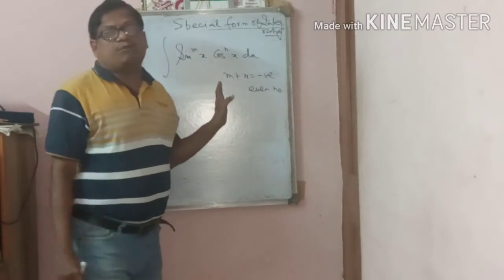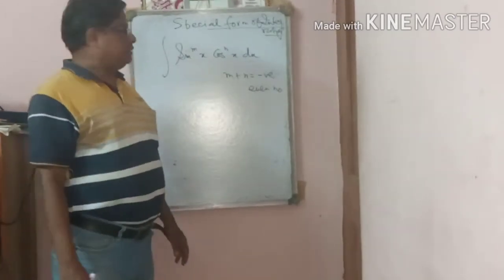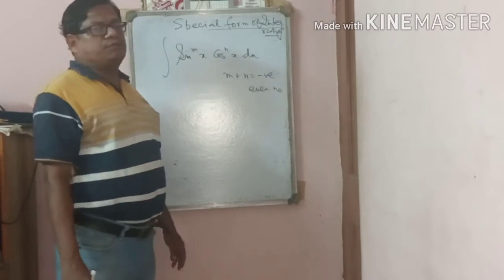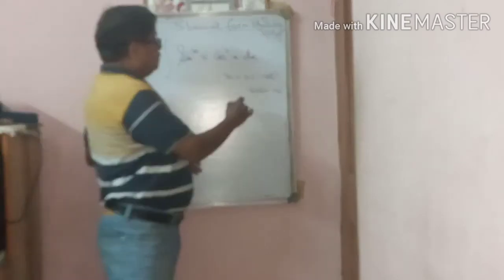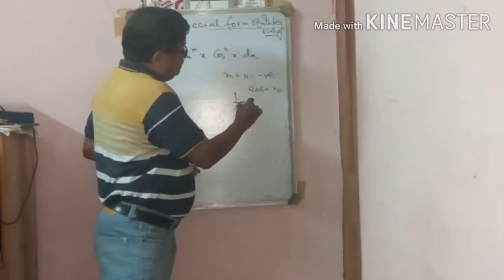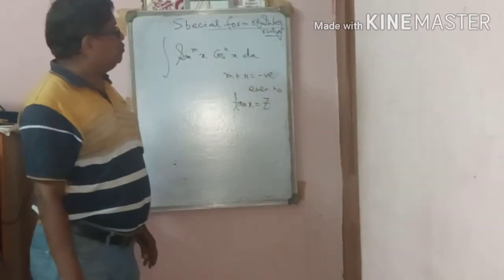If the sum of the powers m and n is a negative even number, then what to do? Note it down: tan x equals z.